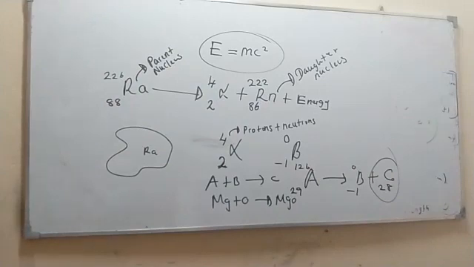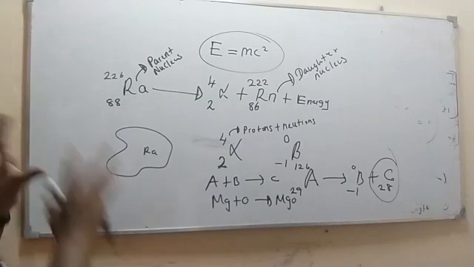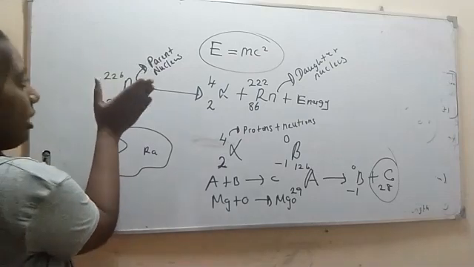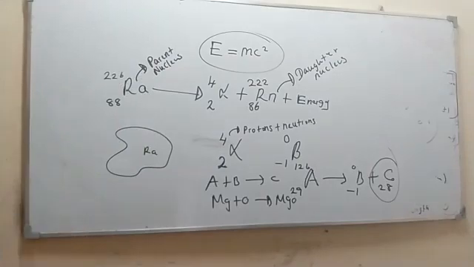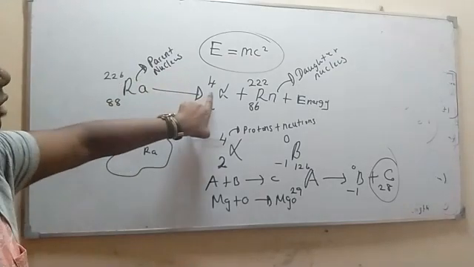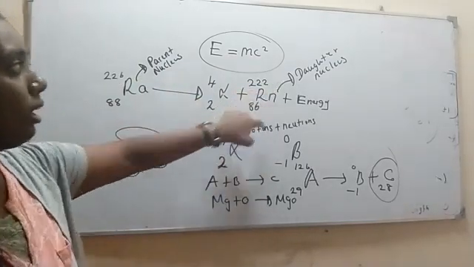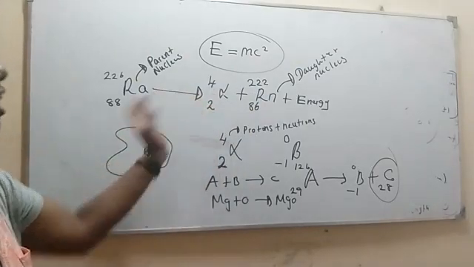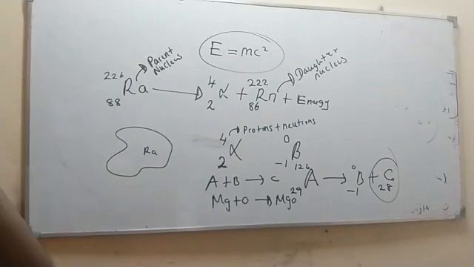In both alpha emission and beta emission, the parent nucleus undergoes a change of atomic number. That is another key point, and it will be really helpful in balancing equations. This is an unstable nucleus, so when it emits an alpha particle, a new element is formed. The reason is that when alpha goes out, the proton number decreases by 2. We use proton number to tell elements apart.